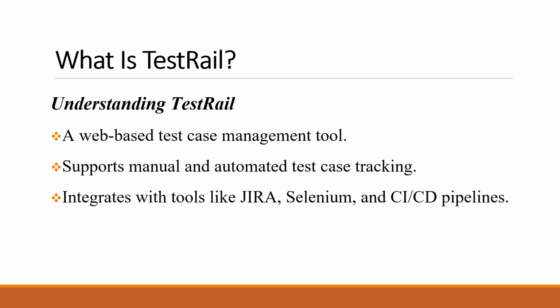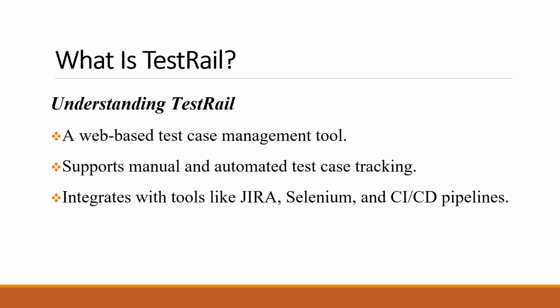TestRail is a web-based test case management tool developed by JIRA. It allows QA teams to organize, execute, and track test cases in a structured and scalable way. One of the standout features of TestRail is its ability to support both manual and automated testing.